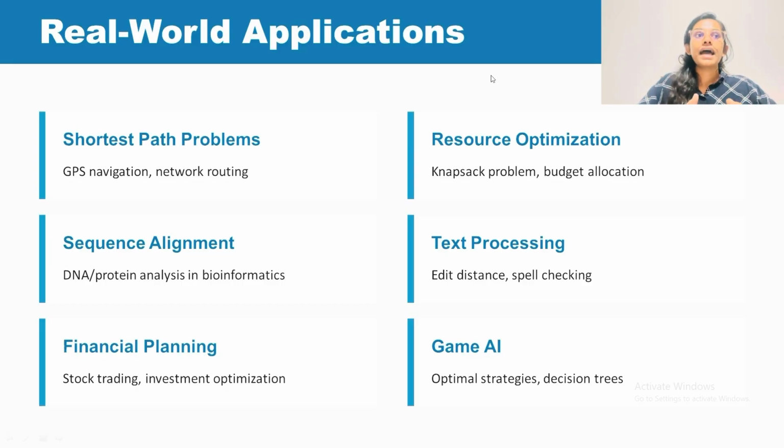And sixth, game AI. Chess and Go programs use dynamic programming to evaluate strategies. Dynamic programming is fundamental to modern computing in ways most people never see but benefit from every day.